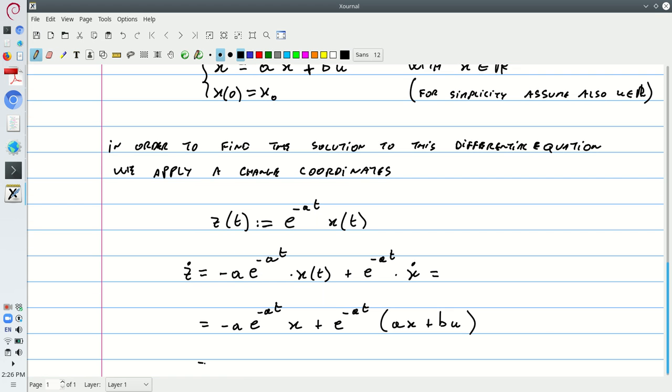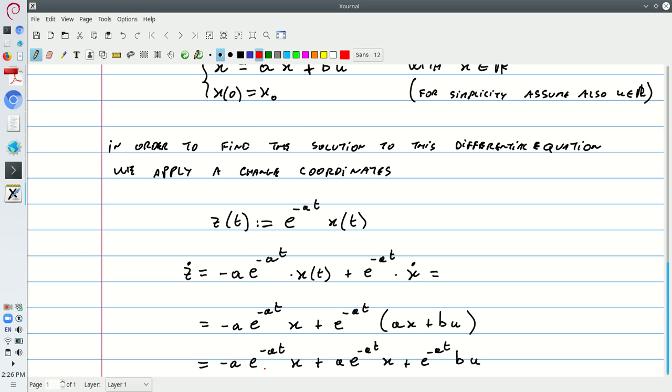Okay, as another step, we have minus a exponential of minus at x plus a exponential of minus at x plus exponential of minus at bu.